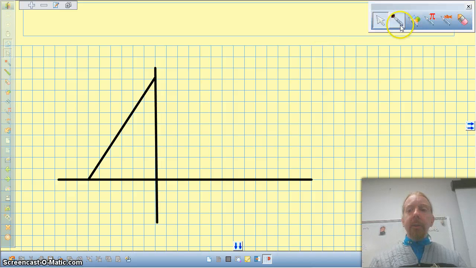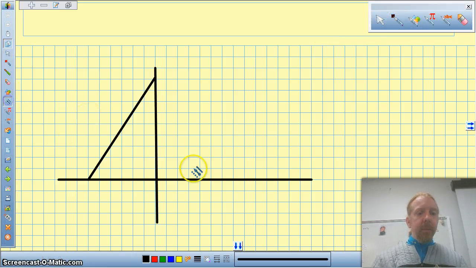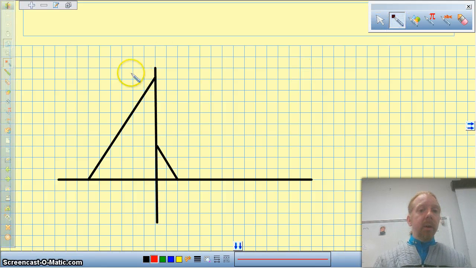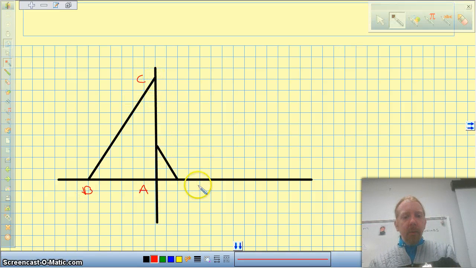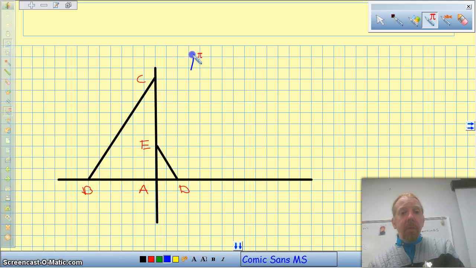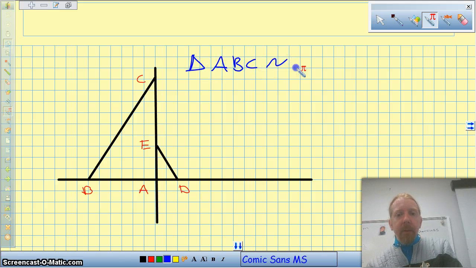And I want to do one that is similar, but not quite as big. So there it is there. Now I know some coordinates. Let's say, again, I've got my A, my B, and my C. And we'll say that this point is D and this point is E. And let's also add in that we know that triangle ABC is similar to triangle ADE.